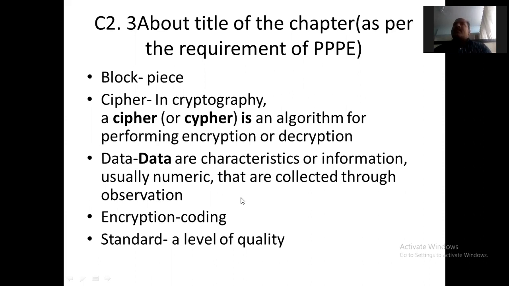The data are characteristics or information, usually numeric, that are collected through observation; any kind of data you can consider. Encryption is the coding, meaning the conversion of plain text into cipher text. Decryption is the exact reverse of encryption, converting cipher text into plain text.